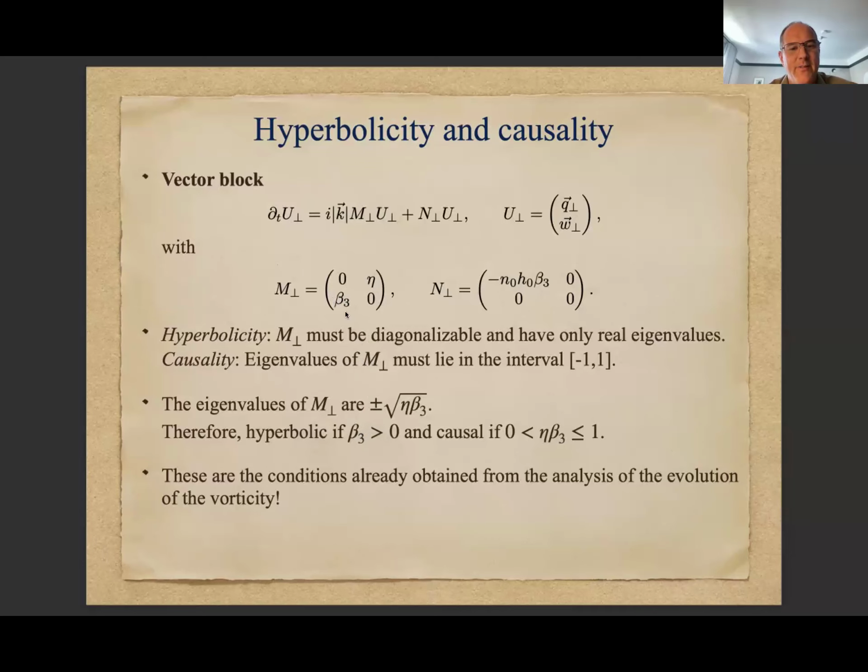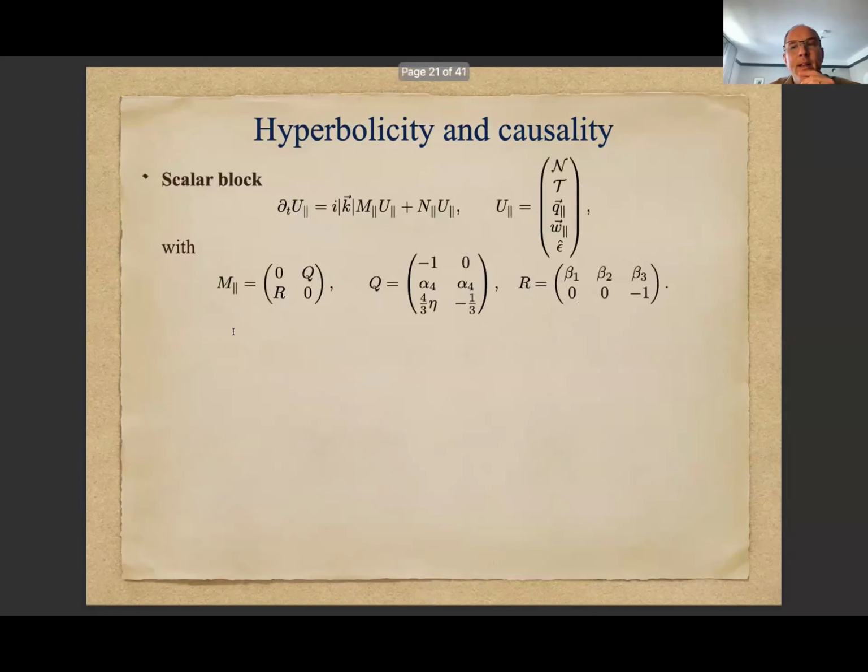So to be diagonalizable, beta 3 should be strictly positive, and it's causal if you have this condition here. So we recover exactly the same condition that we obtained from the vorticity perturbations. The vorticity perturbations are essentially described by this vector block, so we get nothing new here.